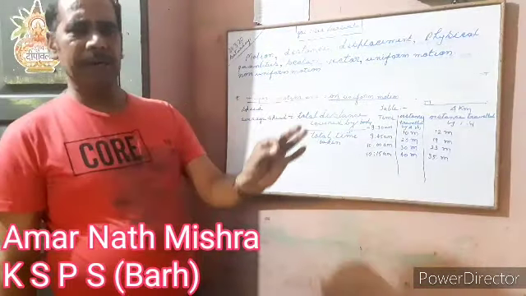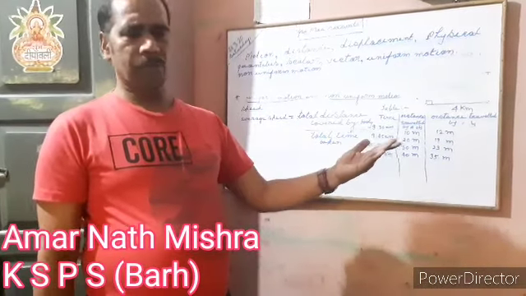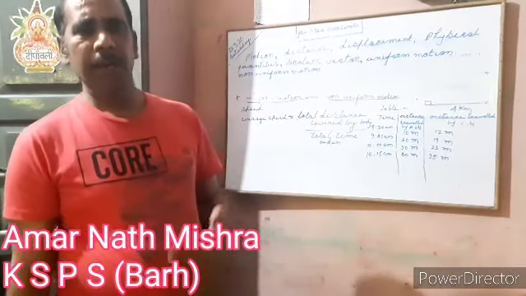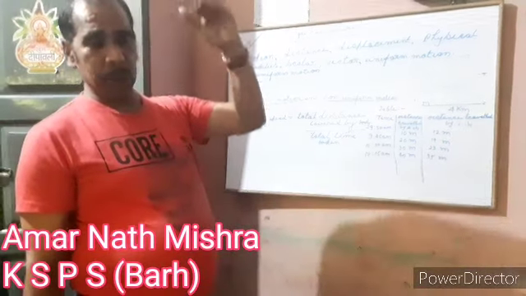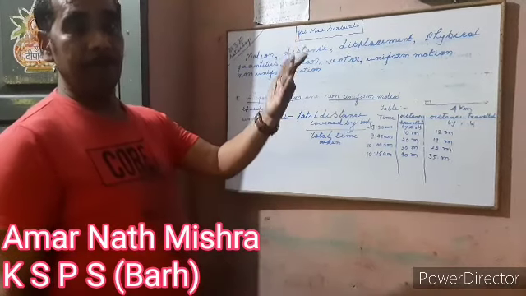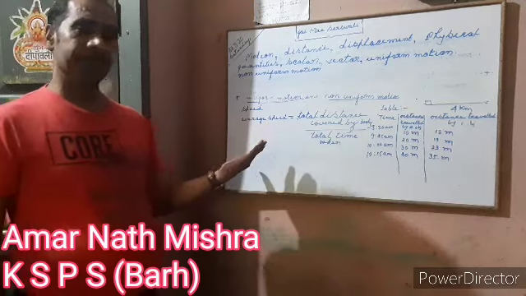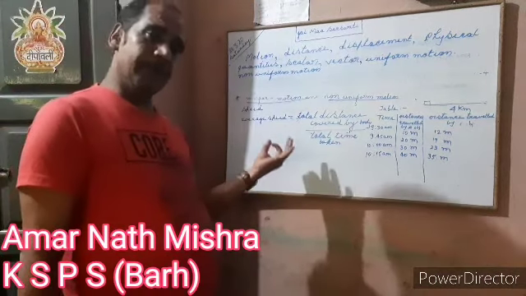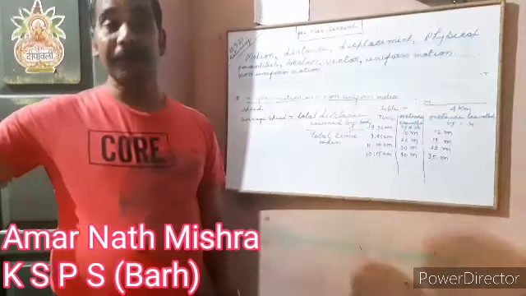Even the mass of an electron is measured in kilogram. It is about 10 to the power minus 31 kilogram. Even the distance between Earth and Sun is measured in meter, that is kilometer, and even the speed of light is measured in meter per second, 3 times 10 to the power 8 meter per second.